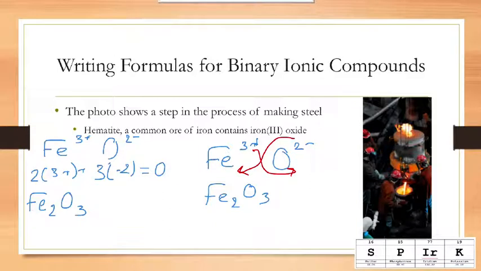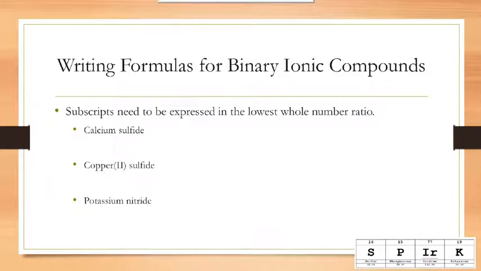Notice that we dropped the positive and negative signs. That's because now this is representing a ratio of iron(III) ions to O2- ions. And the subscripts are always going to be represented in the lowest whole number ratio. So when we look at compounds like calcium sulfide, we know that calcium is Ca2+ and the sulfide ion is S2-.